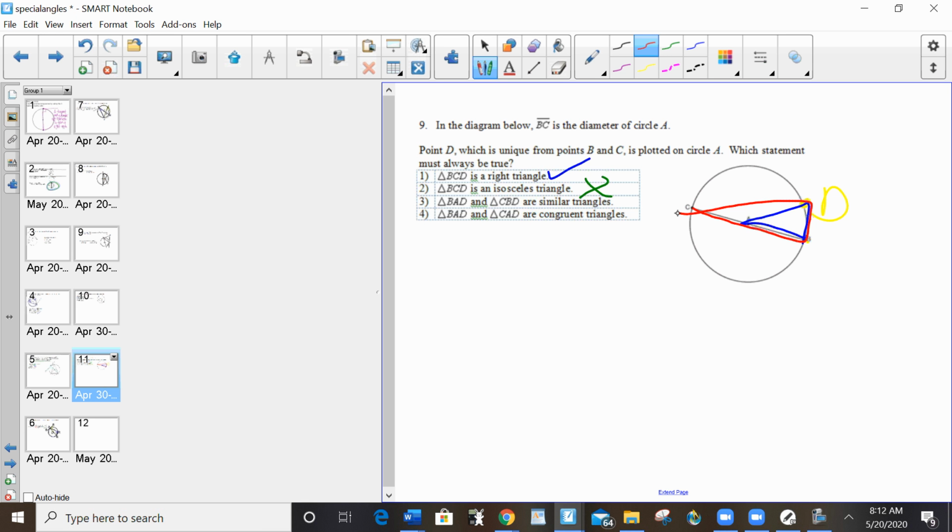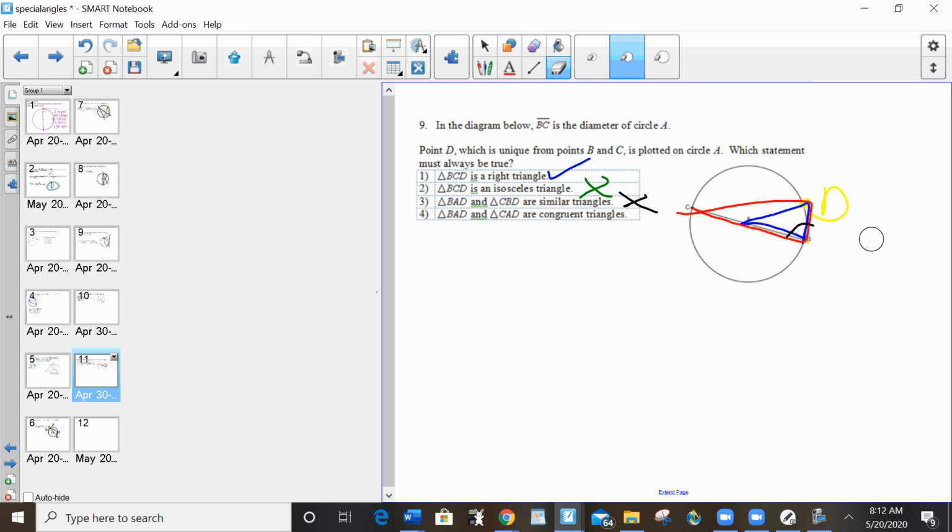Well, in order for them to be similar triangles, they need to have 2 of the same angles. Angle is how I prove triangles are similar. They have 1 of the same angles. This is a reflexive property here, but I don't know that A and C are the same. The D's are not the same D. I don't know that they're similar. I don't have enough information to say angle. I have enough information to say they have 1 angle the same, but not 2.